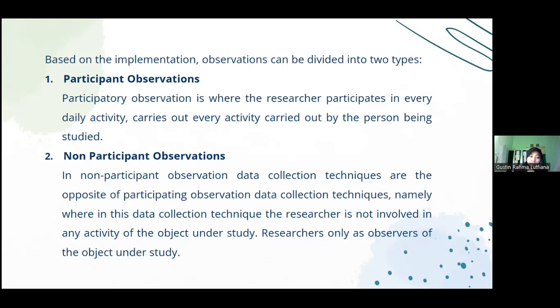And non-participant observation is a data collection technique that is the opposite of participant observation. Namely, where in this data collection technique, the researcher is not involved in any activity of the object under study. Researchers are only an observer of the object under study.